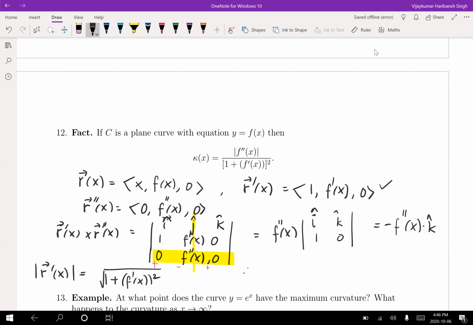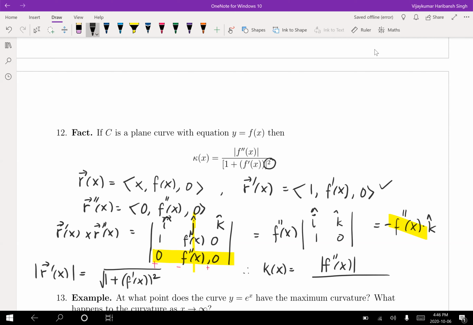So therefore, the curvature k of x is given by the length of r prime cross r double prime, which is simply the absolute value of f double prime of x, divided by the length of r prime of x, the whole power.